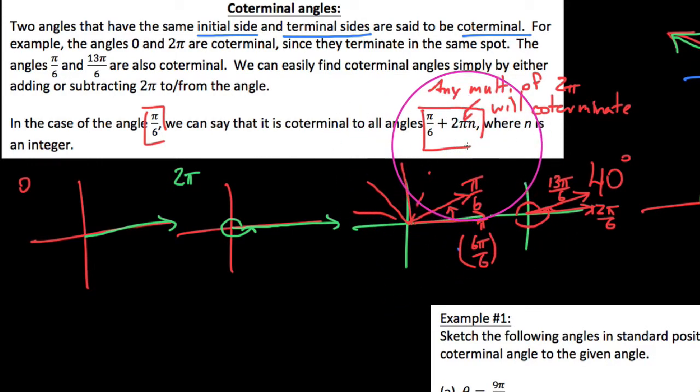So what we're concerned with in this video is being able to find coterminal angles, but to do it in radians, okay? So basically, to find coterminal angles, I'll go ahead and write this out here.